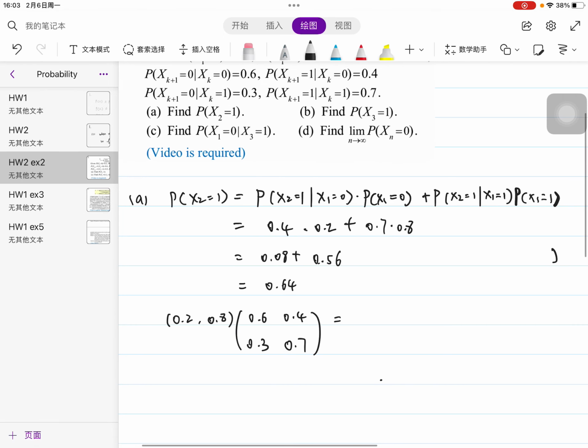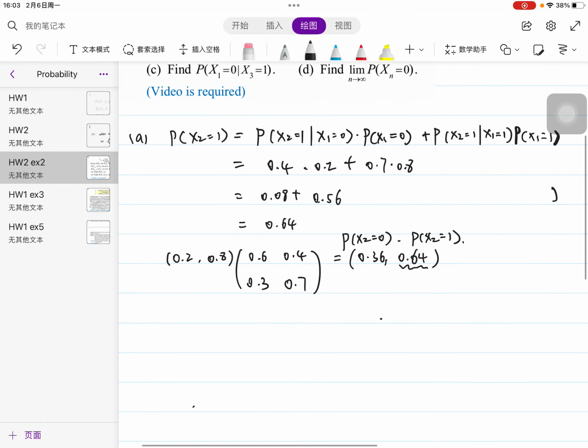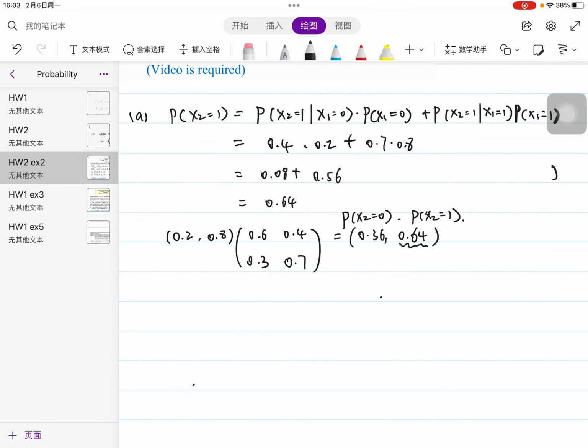And similarly, we could get 12 plus 24, 0.36, and 0.64. And here, this is the probability of x2 equals 0, x2 equals 1, and 0.64 is our answer.